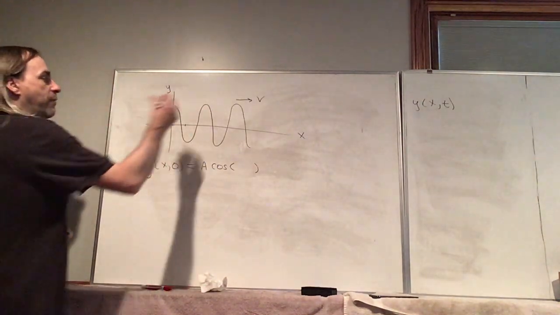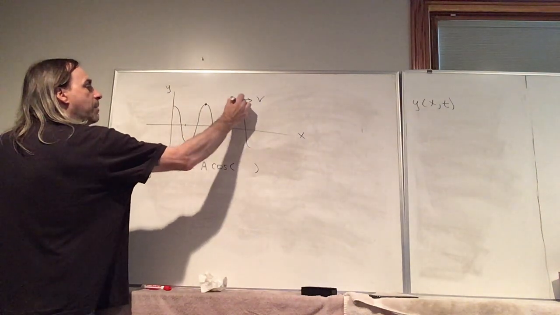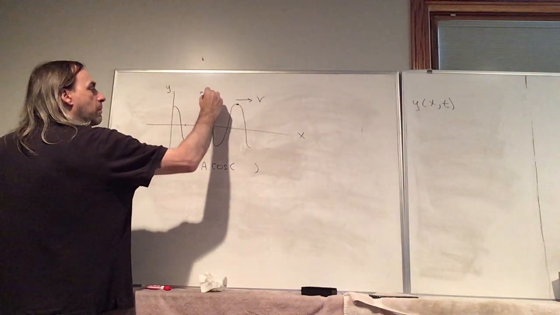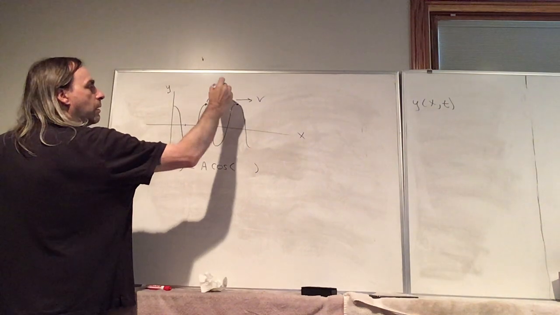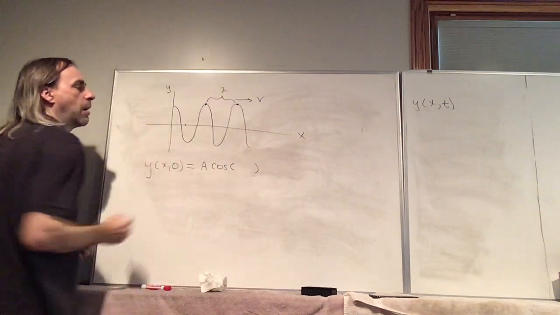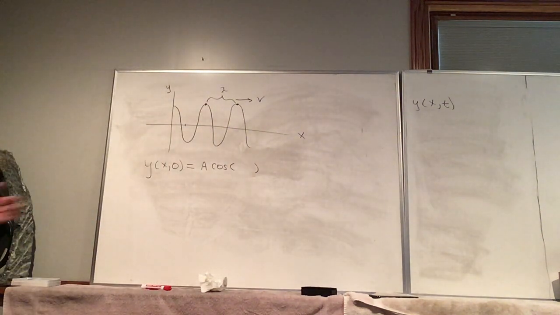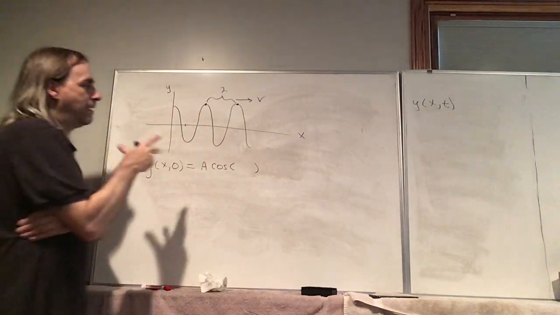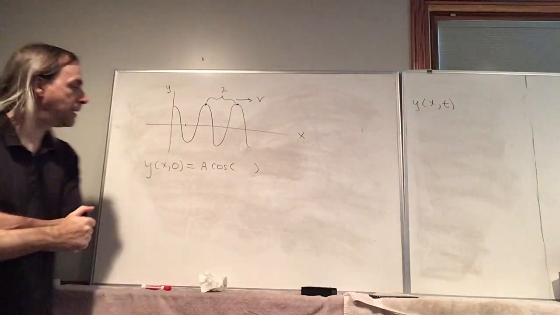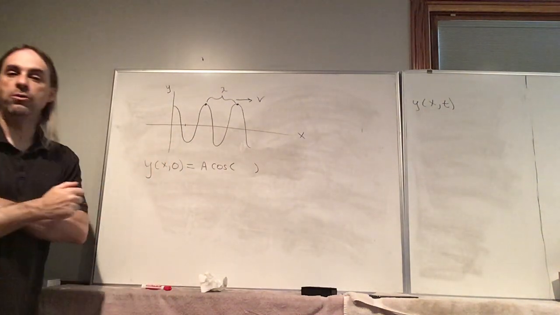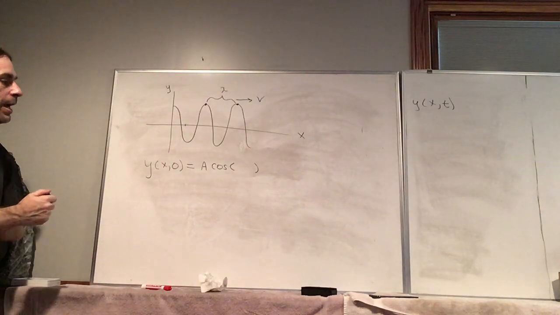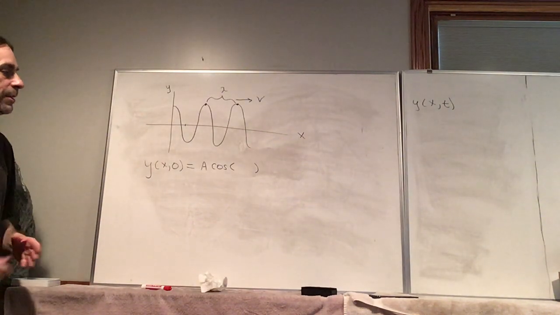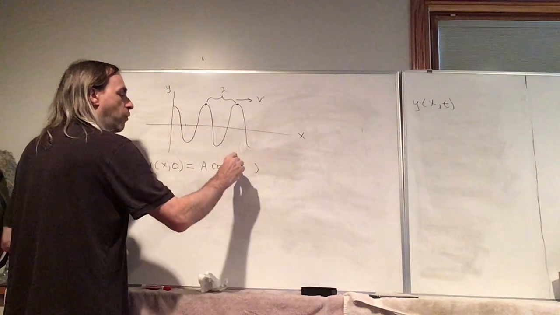So we define the wavelength to be from one peak to the next. So that's our wavelength there. But again, we can have waves of different wavelengths, and so we need to be able to take that into account.